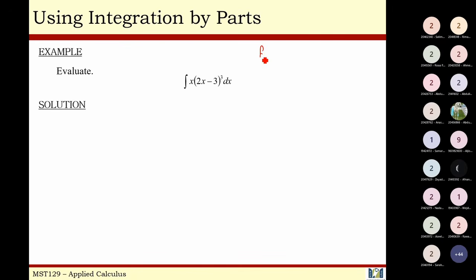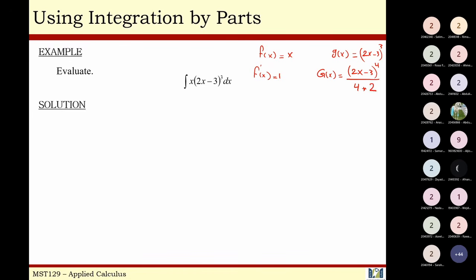Here, f of x equals x. G of x equals (2x minus 3) all to the power 3. What's the derivative of f of x? Equal 1. But the capital G equals what? (2x minus 3) all to the power 4 over 4, multiplied by the coefficient of x, 2.